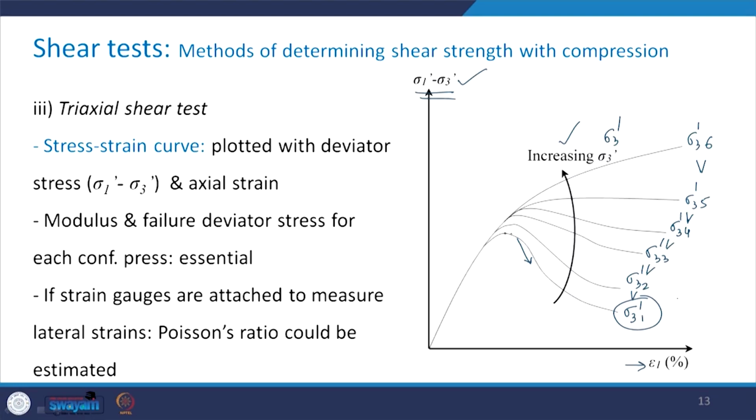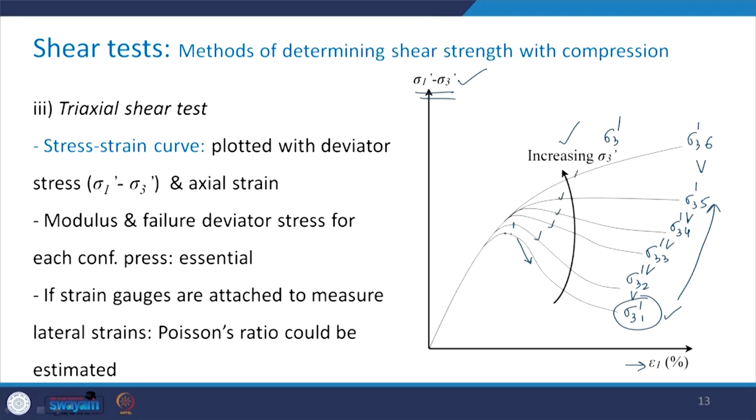Then as the value of sigma 3 increases, what happens? You see that post peak, there is a reduction in the slope of this drop. When sigma 3 is smaller, that drop was sharper as compared to this, and so on.